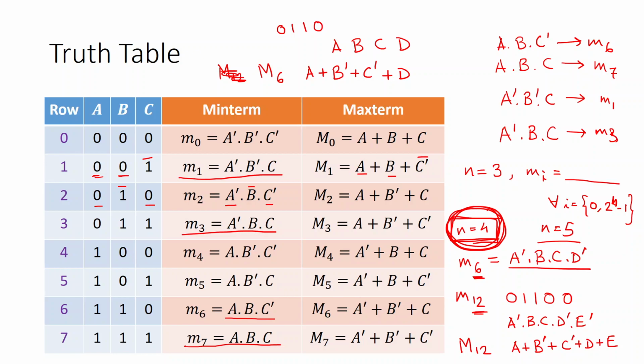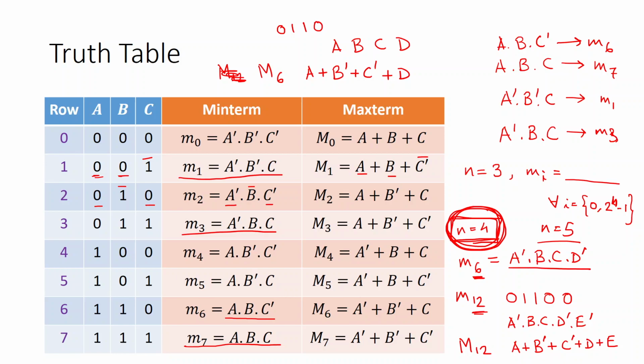So these are the min terms and max terms for a particular number of input boolean variables, or input bits, as we sometimes say.